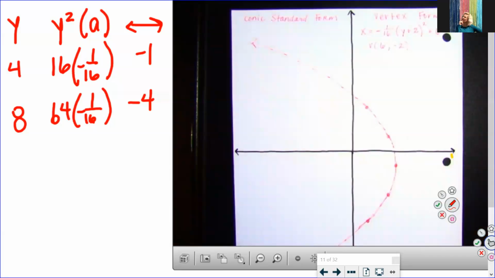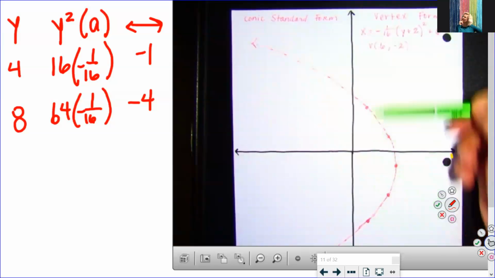Okay, so let's see how much you retain from what we did on the front of this page. Remember the focal width. What is the focal width of this parabola? 16 is correct. Very good. Find where the parabola is 16 units across. Where the x equals 2. That is correct. So this is your focal width right here.